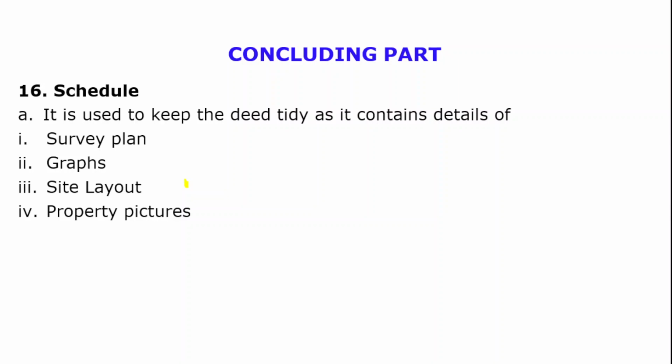Also, one of the functions of the schedule, you can write this down, is that it can serve as an interpretative guide for the court. For example, we just mentioned that you can include the survey plan and the site layout of the parcel that is the subject matter of the sale. You can include it in the schedule.